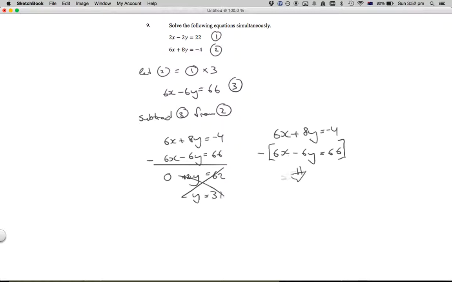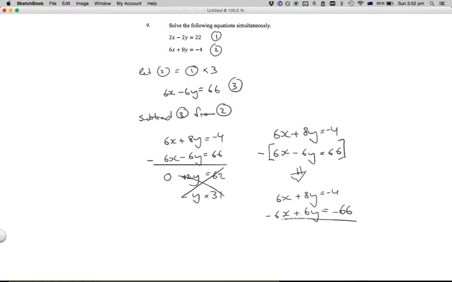So what it actually becomes is 6x plus 8y equals negative 4, added on to negative 6x. This negative multiplies through this to turn this into a positive 6y equals, and this negative affects this as well, and we've got negative 66.